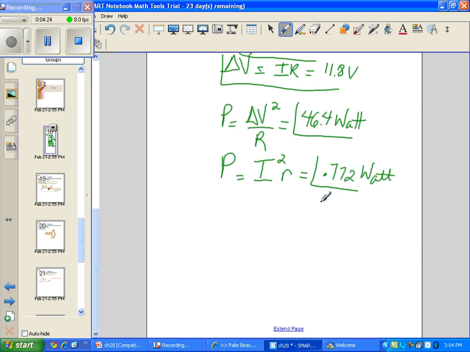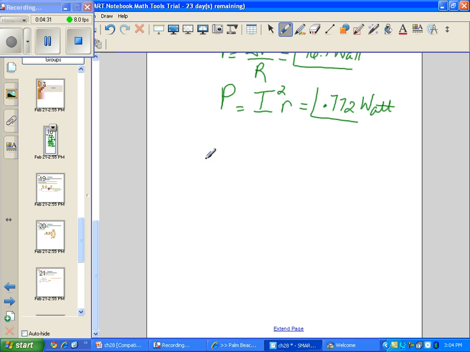In the last part, we're told that the internal resistance has gone up now to 2 ohms, possibly over the continual use of this battery. And now we're asked to compare the power which is lost to internal resistance. Well, in order to do this, we must first find the current that will flow through the circuit when the internal resistance has increased.